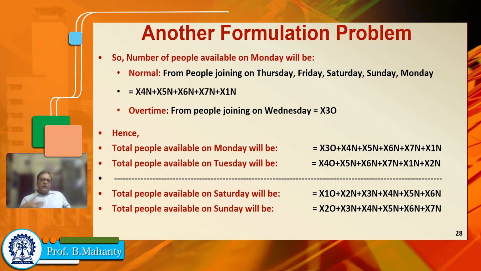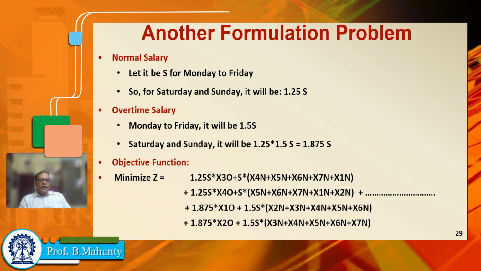One is that X1N, X2N, X3N are the total number of people that are joining on those days. Out of that, only a few are also working along with the normal people for the regular 5 days, but they are going to work one additional day after the completion of the 5 days. Is it clear? So that is how this kind of problem can be tackled.